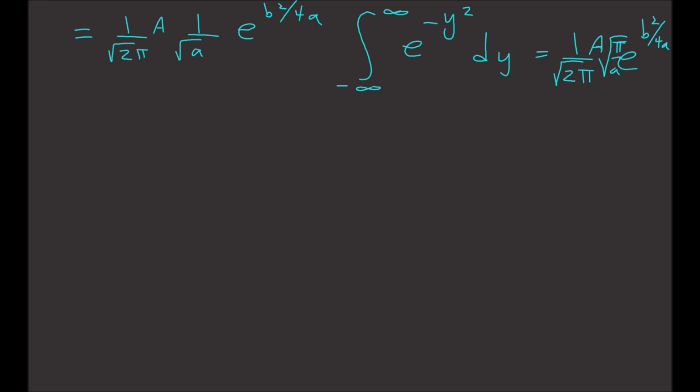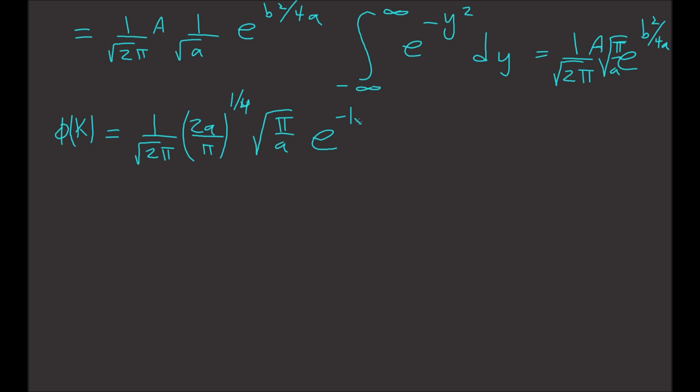So now in terms of k, we have phi of k finally equals 1 divided by square root of 2 pi times the normalization constant, 2a divided by pi to the 1/4 power, times square root of pi divided by a times e to the minus k squared divided by 4a.